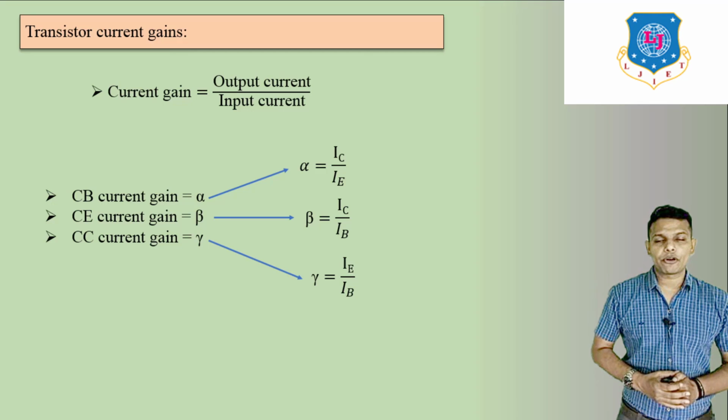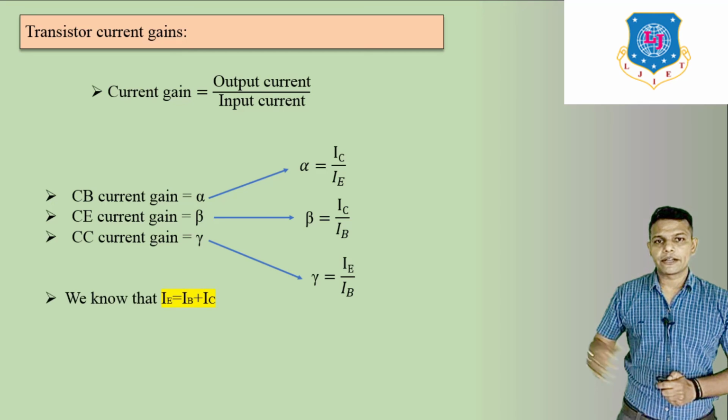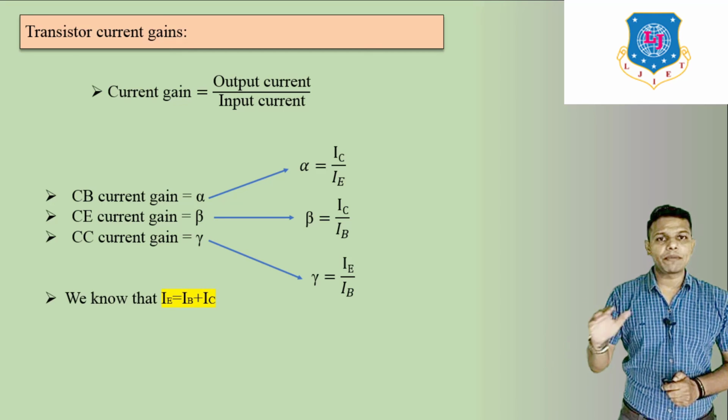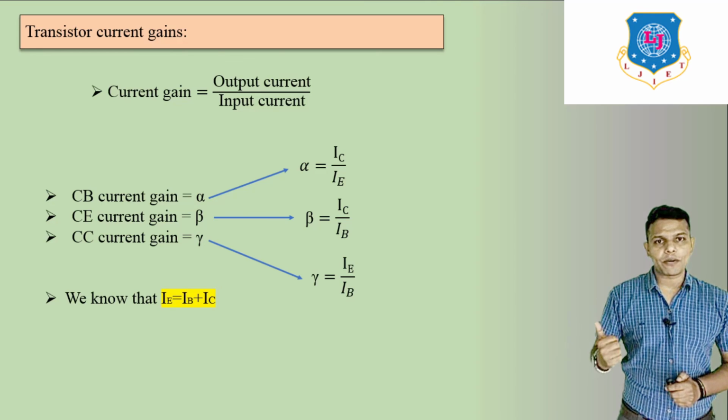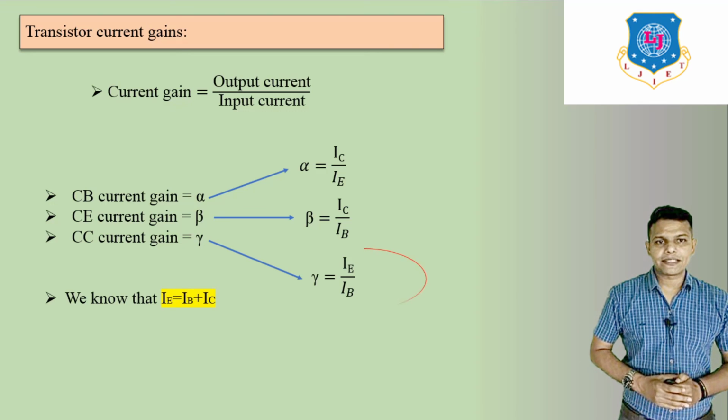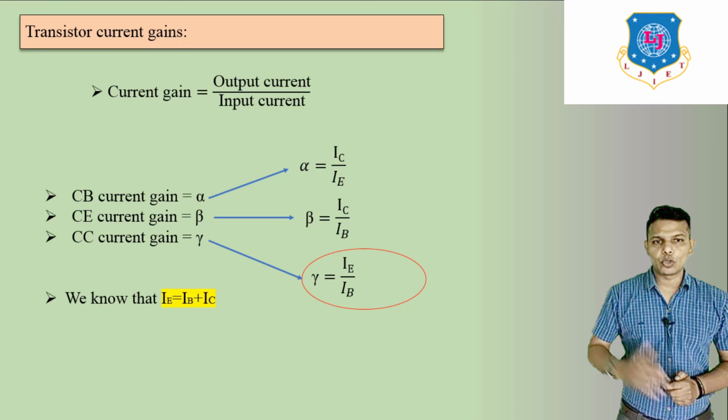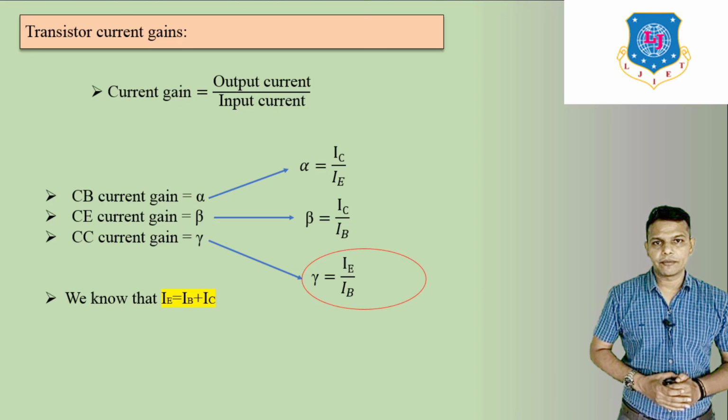And one more important equation, as we discussed earlier, IE is equal to IB plus IC. That means IB is only 2% of the total current and IC is 98%. So in today's lecture, we discussed gamma equal to IE upon IB.